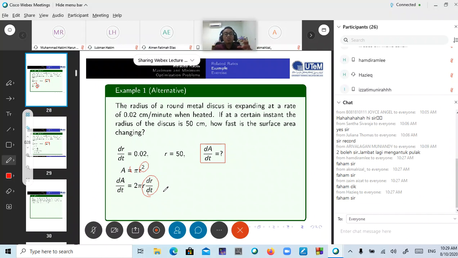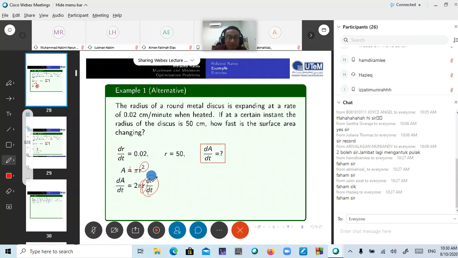But you want to differentiate with respect to t. Just now we differentiated with respect to r. When you differentiate with respect to r, you get dr over dr, which equals 1. Now you want to differentiate with respect to t, so it becomes dA over dt, and this one is dr over dt. Why do we write dr over dt?